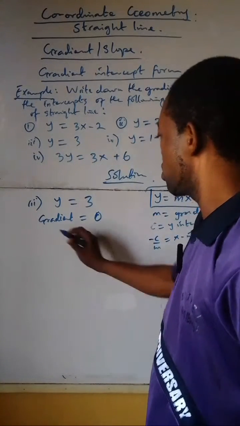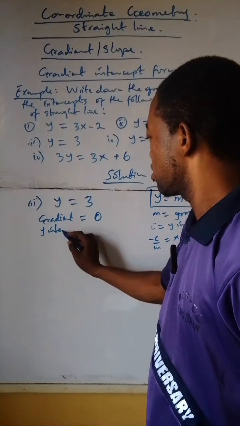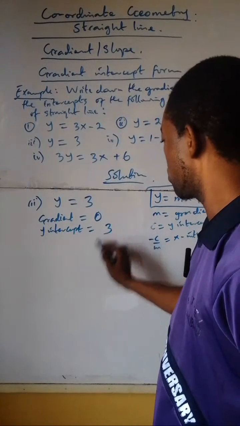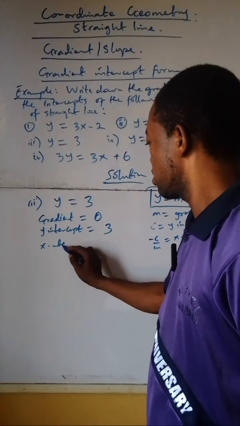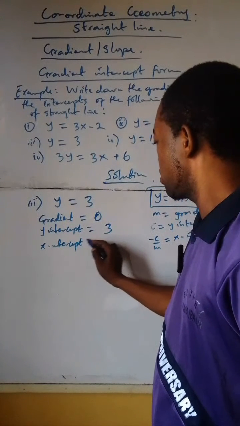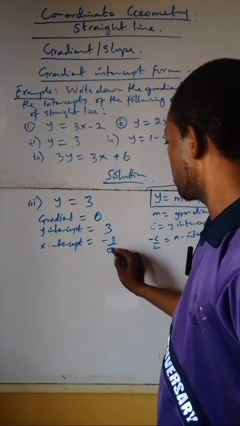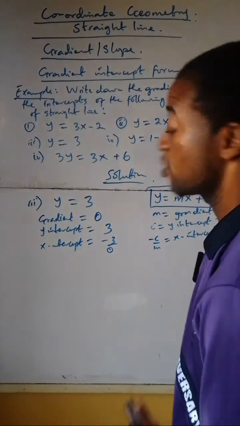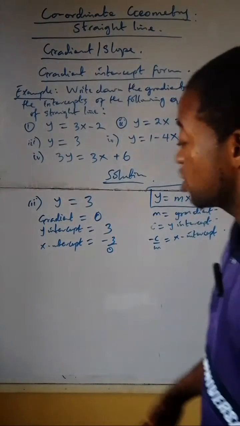So that's 0. And y-intercept here is 3 automatically. And x-intercept, which is minus 3 over 0, is undefined according to mathematics. When you have something divided by 0, it doesn't exist.